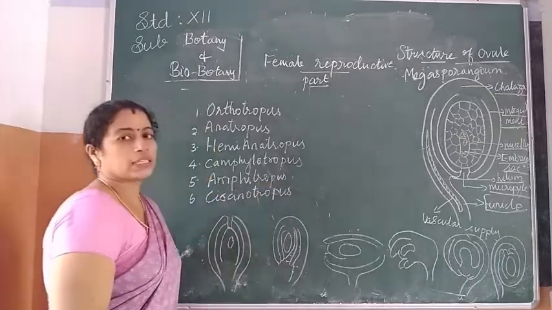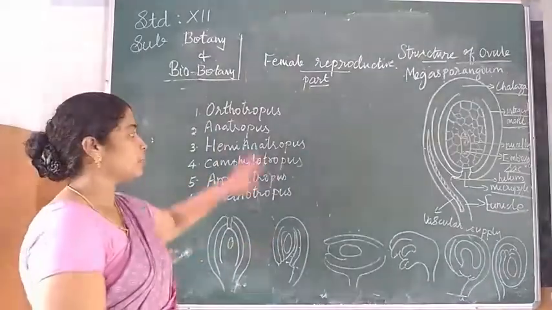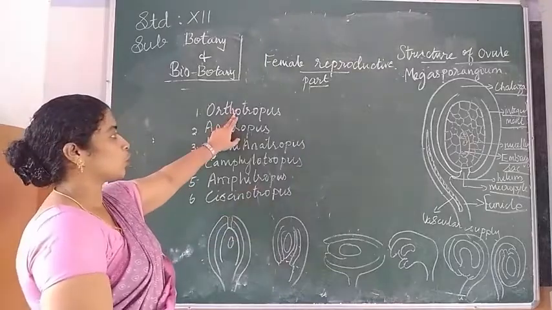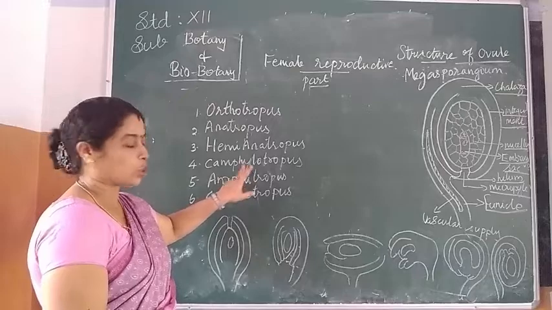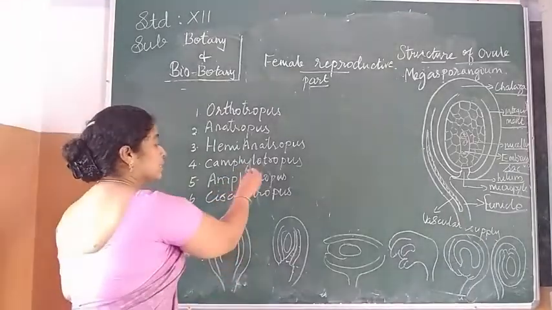So these are the 6 types of ovules based on the structure: orthotropous, anatropous, hemianatropous, campylotropous, amphitropous, and circinotropous.